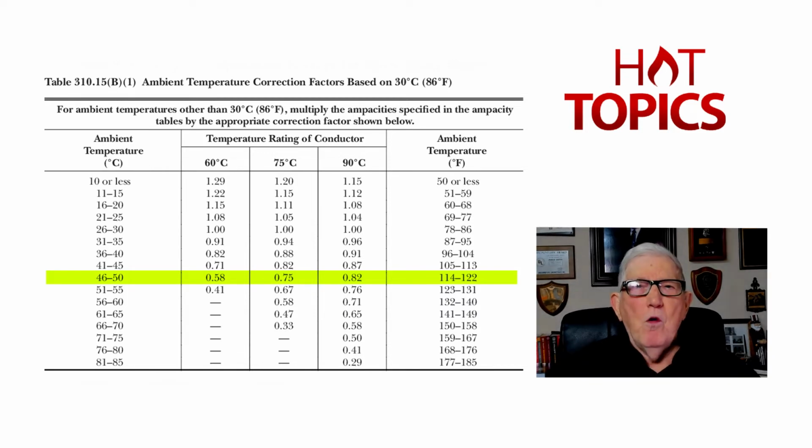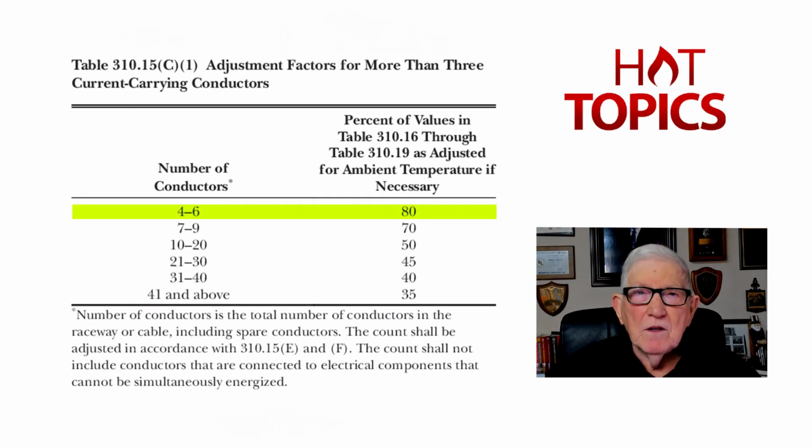Now, if we had 4 or more current carrying conductors, we would review page 160. On the left-hand side of the page, down at the bottom, for 4 through 6 current carrying conductors, again, we would derate 80%, reducing the ampacity of that conductor.